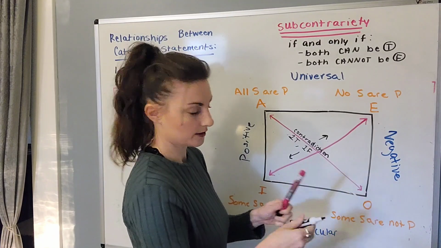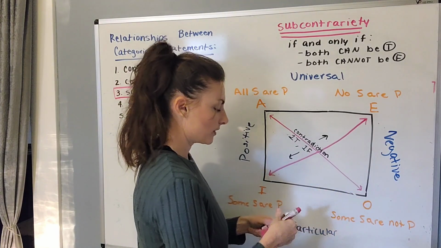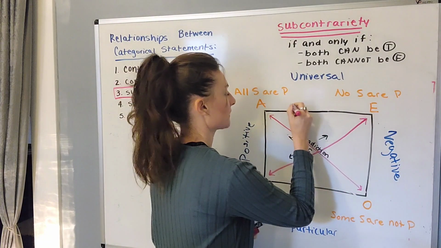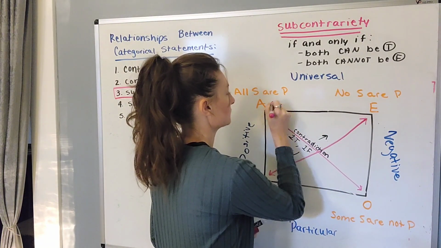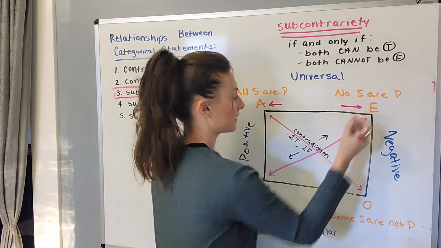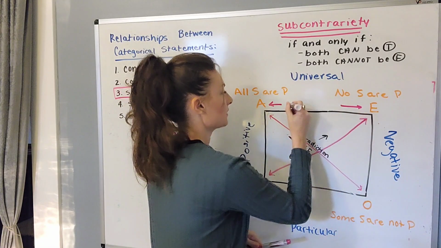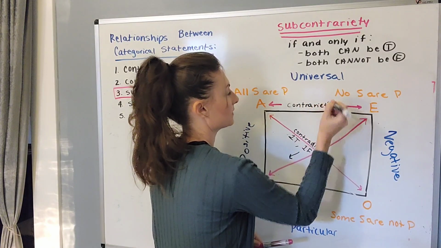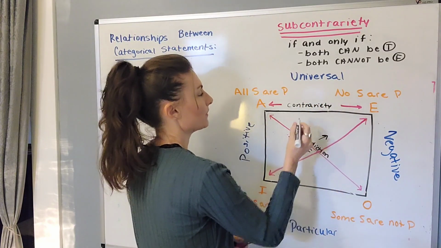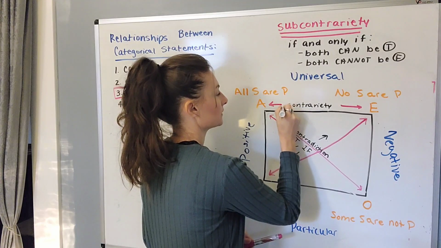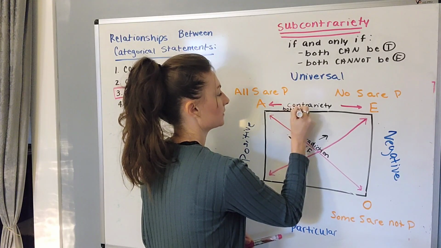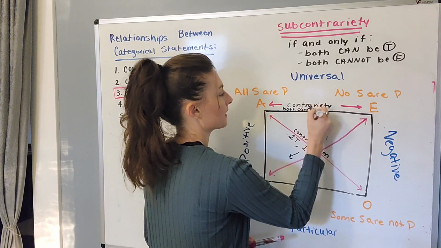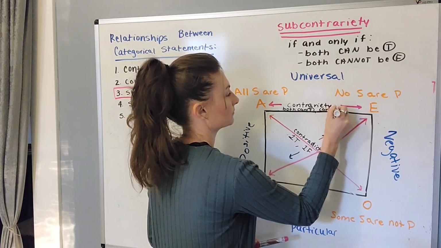All right, next we have contrariety. Trying to keep my colors straight here. With contrariety, we were dealing with our universal statements, which are up at the top. And contrariety means that they can both be false, but they cannot both be true.